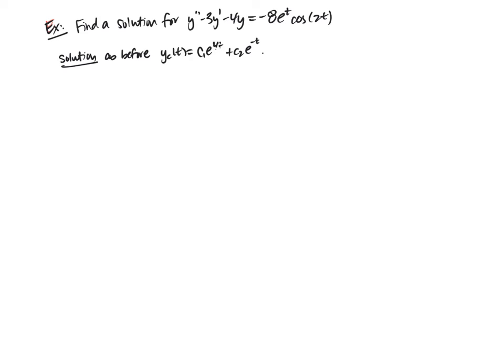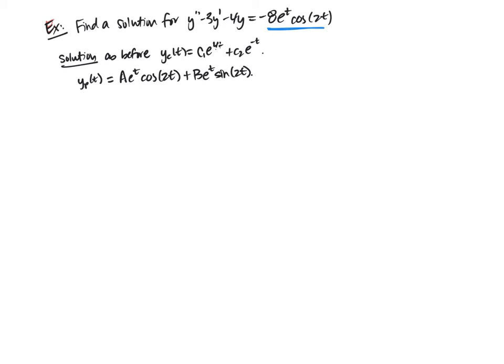So if I look here at the right-hand side, that'll give me a clue as to the form of my particular solution. So our yp of t has the form a e to the t cosine 2t plus b e to the t sine 2t.